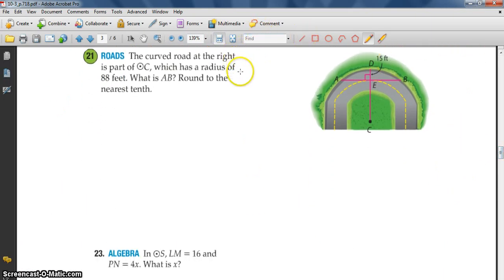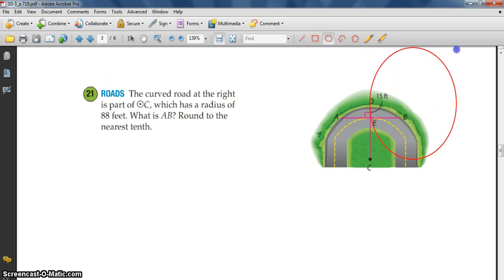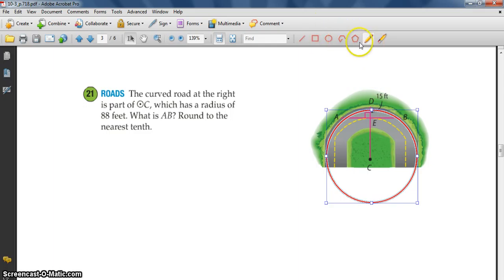Number 21. The curved road at the right is part of circle C. Let's see if I can make this circle right. Close enough. So circle C, which has a radius of 88 feet.